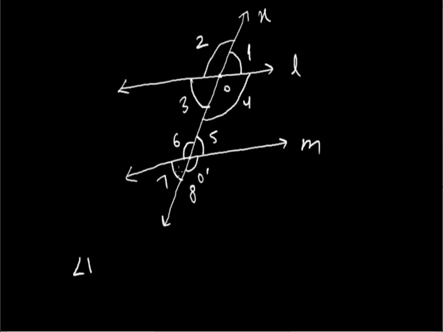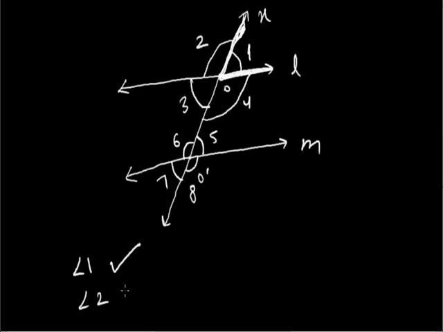Angle 1 is made by this portion. For making this angle 1, we do not require the segment of the transversal which is lying between the two lines L and M, which is OO dash. So we do not require segment OO dash to form any arm of angle 1. Then according to the definition, angle 1 is an exterior angle.